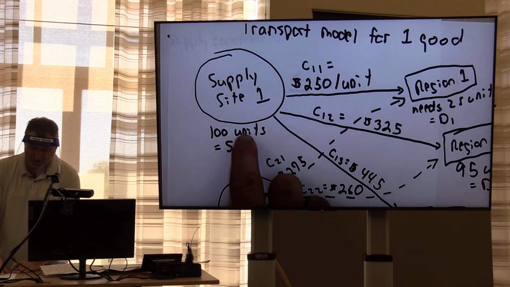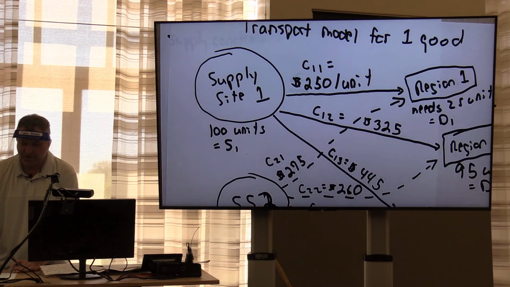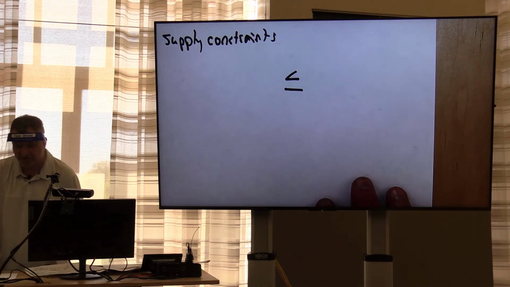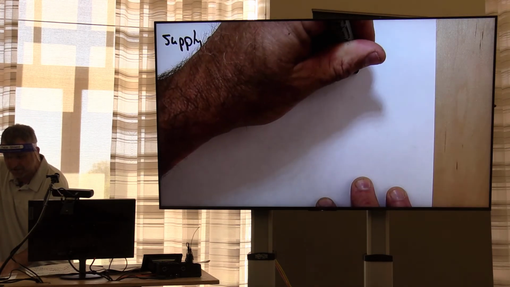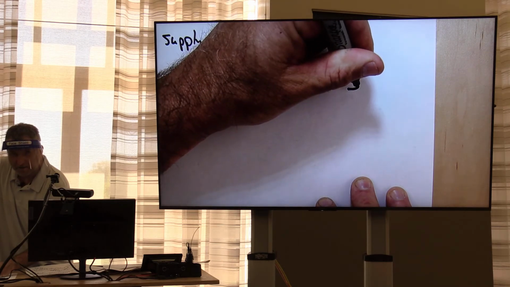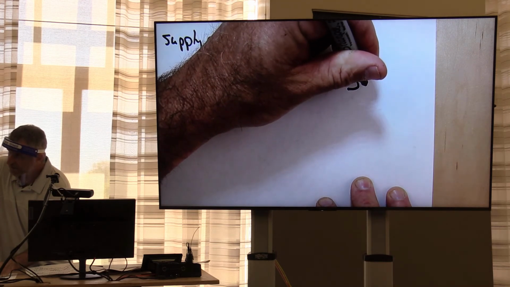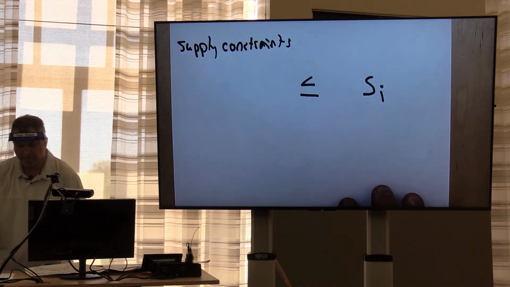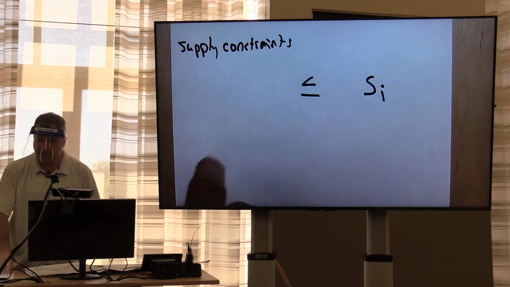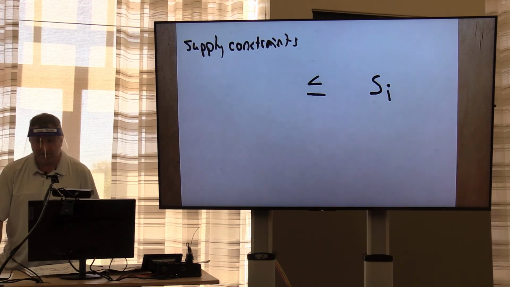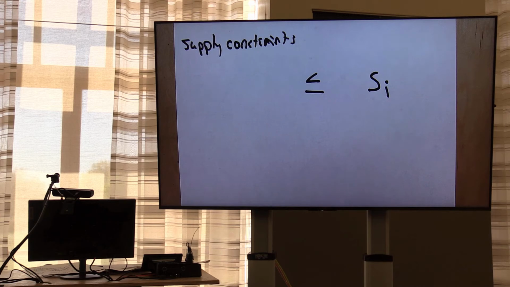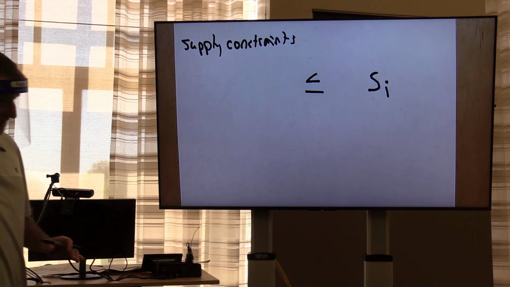And so instead of 100 units or S1, we're going to put SI. Okay. But now we need something on the left. So we need to say stuff that comes from supply site 1 can't exceed SI.